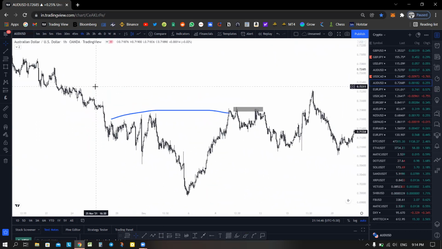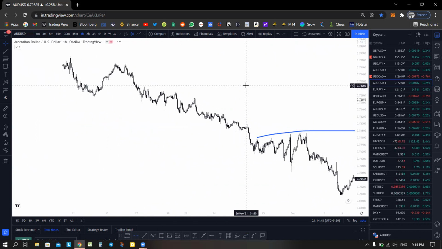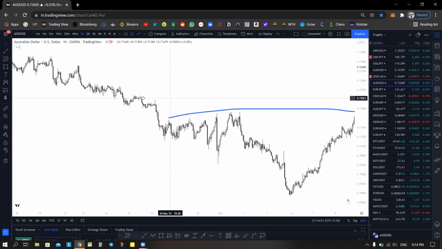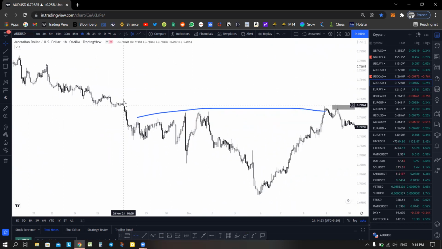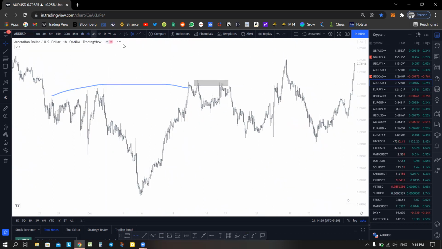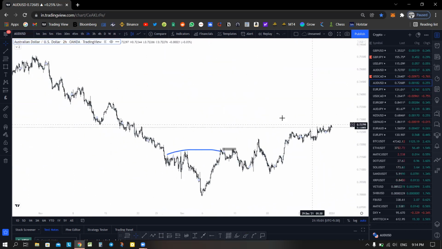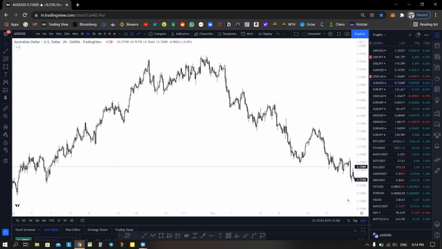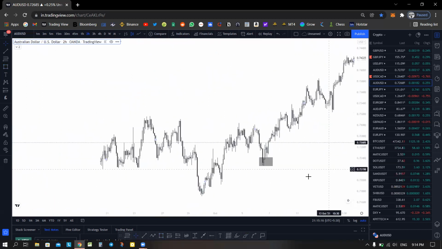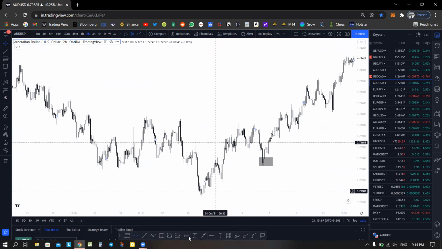This was the last candle which had inefficiency, so this can also be your bullish order block. This one can also be your bearish order block, bearish OB, bullish OB, bullish order block.